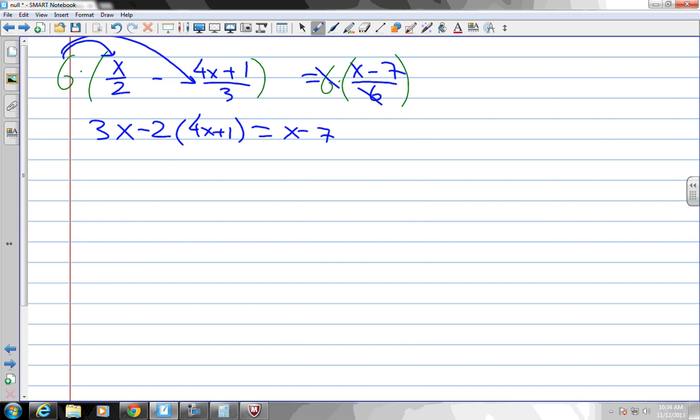So again, in one move, we no longer have any fractions. You can do this problem by messing with fractions, but it's a lot harder. But now just open up all the parentheses, combine like terms, and solve. So if you combine like terms, we end up with negative 5x minus 2 equals x minus 7.